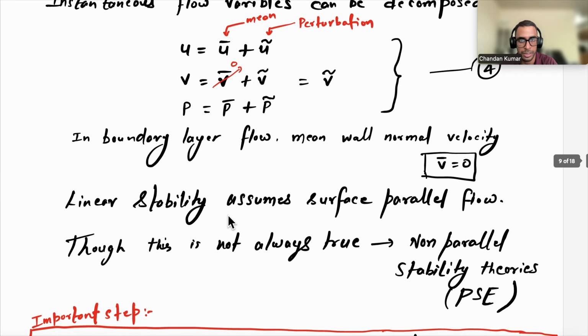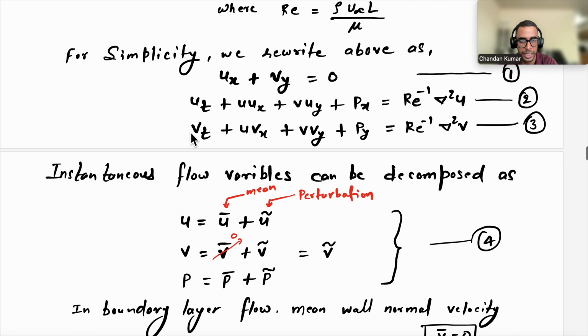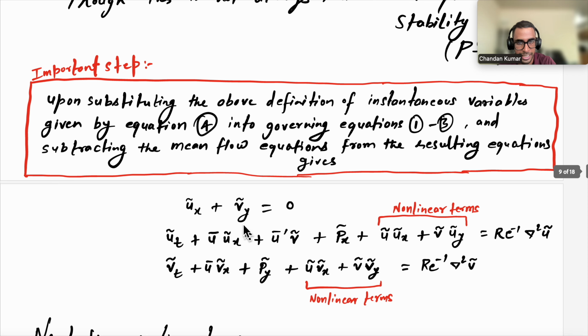When we have these three governing equations for the instantaneous flow variables and substitute this in, since these equations will also be satisfied for the mean flow, when we subtract the same equation for the mean from the instantaneous, we get the three equations that only deal with perturbation. We have the mean variable also here, but now this equation is mainly in terms of perturbation.